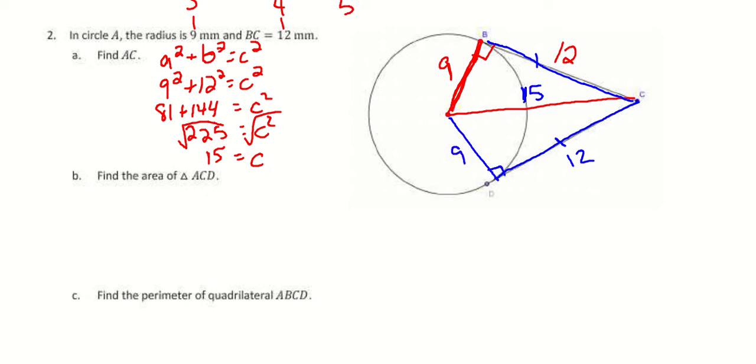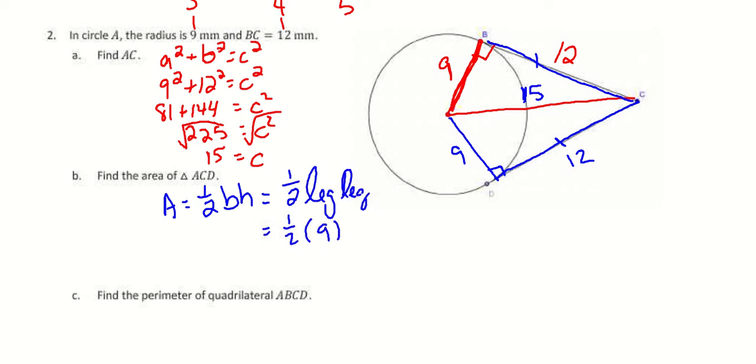So the area of the triangle is 1/2 base times height. And remember, in a right triangle, it's actually 1/2 the leg times leg. All right, so it's 1/2 times 9 times 12. And really, you can do half of the even numbers, so really 6 times 9, and that should be 54. And this is units squared.